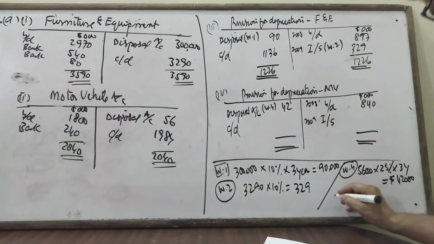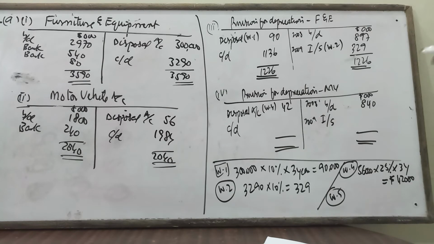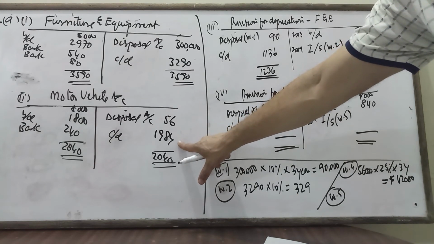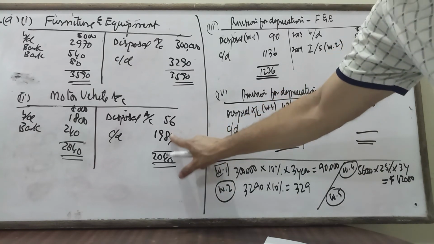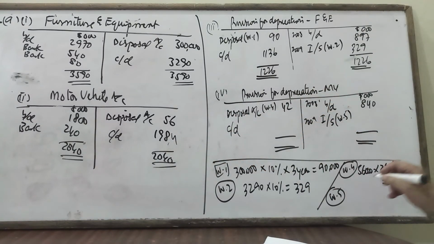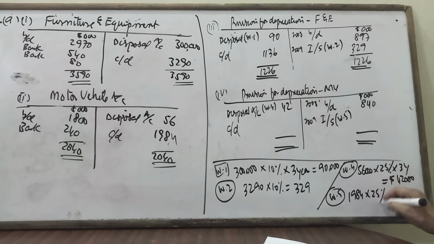And finally, working number 5, how much depreciation to be charged in the income statement? Make sure depreciation will always be charged in the income statement on the closing balance of non-current asset. The closing balance of non-current asset is 1984,000 of motor vehicle, and the depreciation policy is 25% on cost.